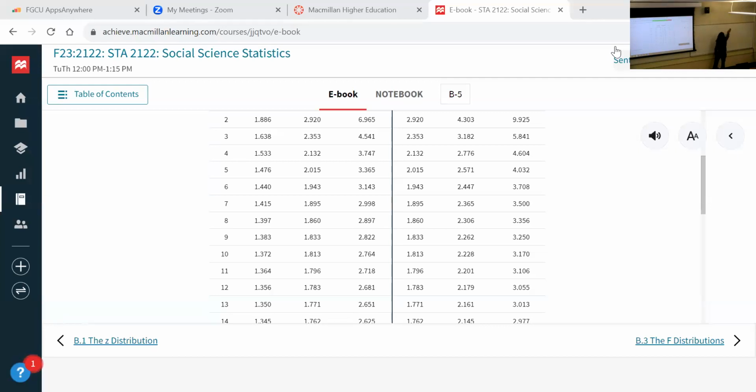I showed you how we can get the mean, standard deviation, etc. using the calculator. I showed you how to find the p-value.